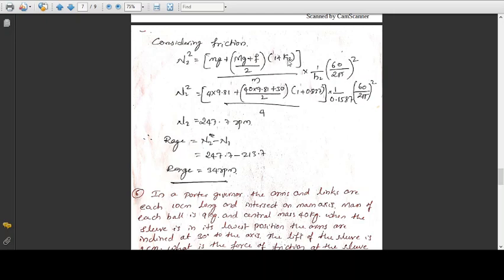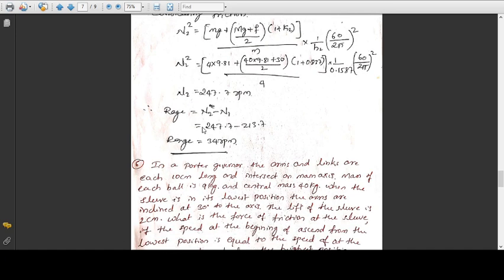So in place of K, you have to write K2, divided by M into 1 divided by H2. In place of H, you have to write it as N2 into 60 divided by 2 pi whole square. After substitution of all the known values and simplification to get the value of N2, you will get it as 247.7 rpm.